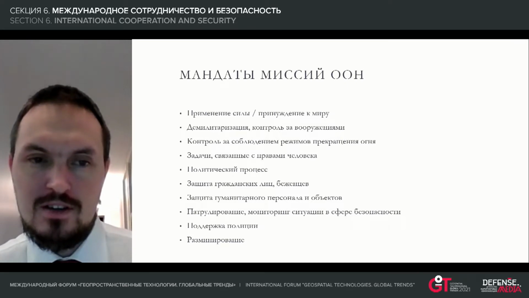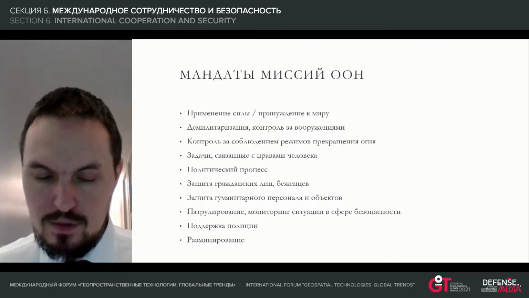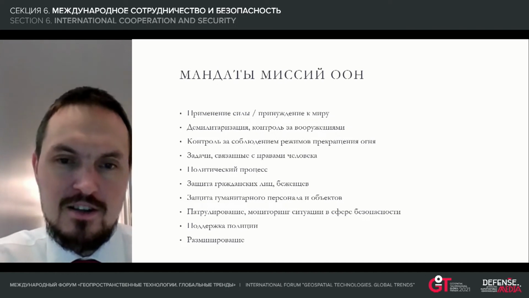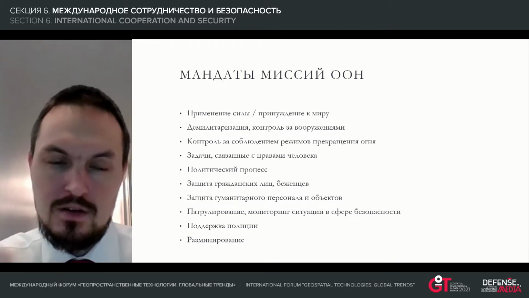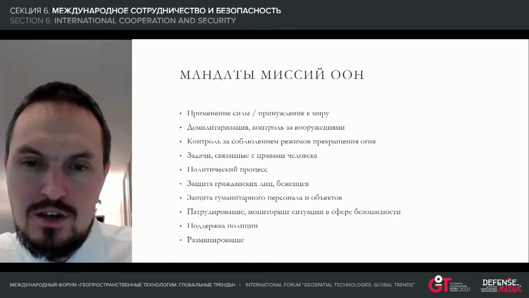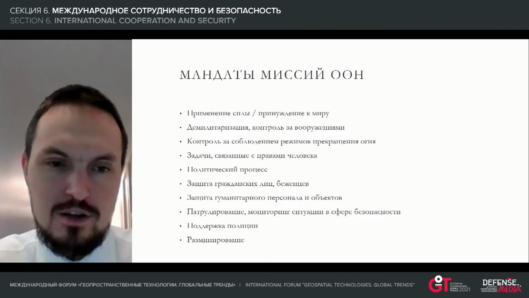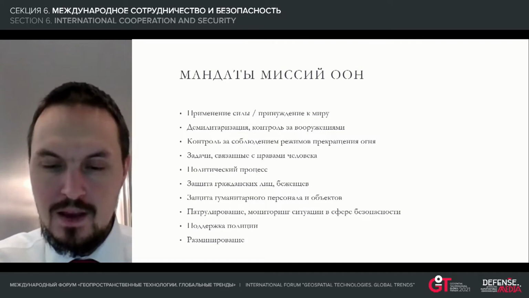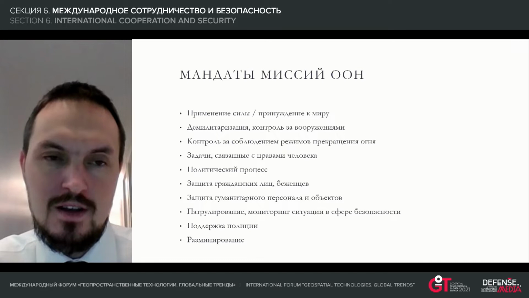And UN missions have a wider spectrum of tasks and assignments related to human rights, political processes, processes related to elections, protection of refugees, peacemaking, humanitarian personnel, and humanitarian objects protection. You can continue on and on. It includes patrolling, ensuring security systems, and supporting of security systems.